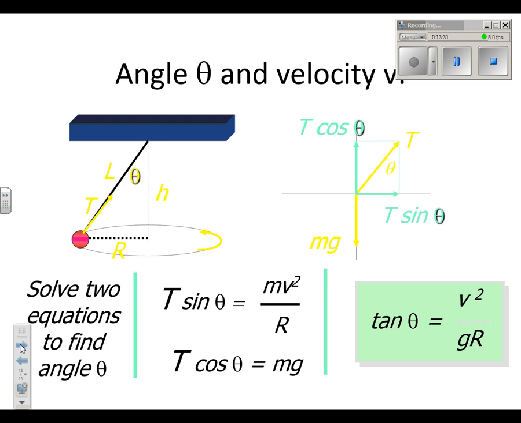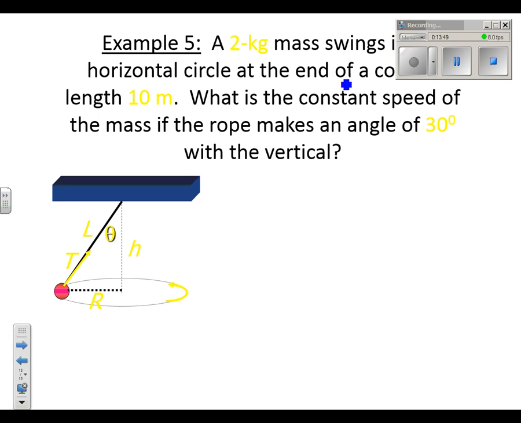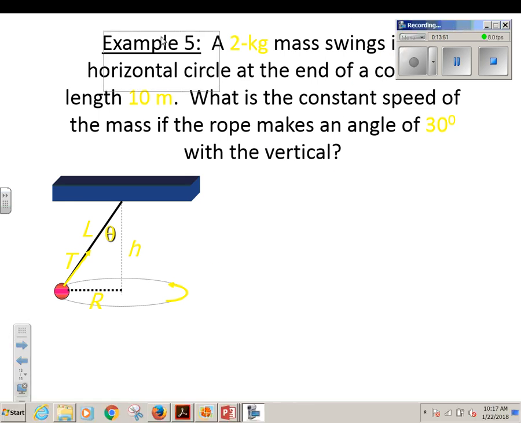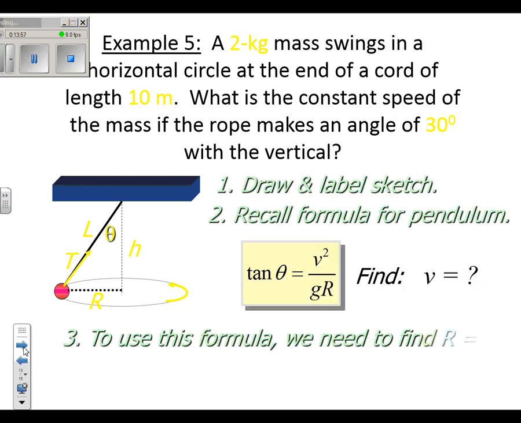So really what I've done is I've just taken these formulas and done that with them, and I end up with tangent theta equals v squared over gr. If I'm going to do this example in class, this is not actually one of them that I'm going to do on the notes, so I'm going to pass through this real quick.